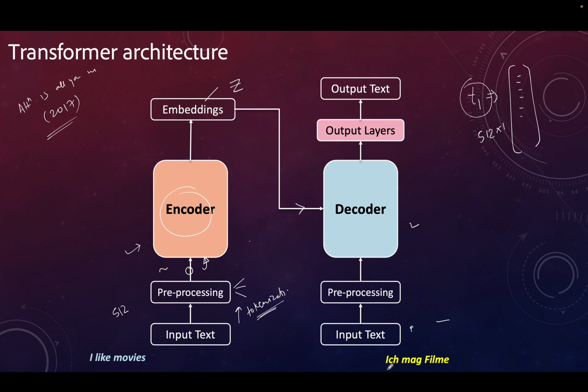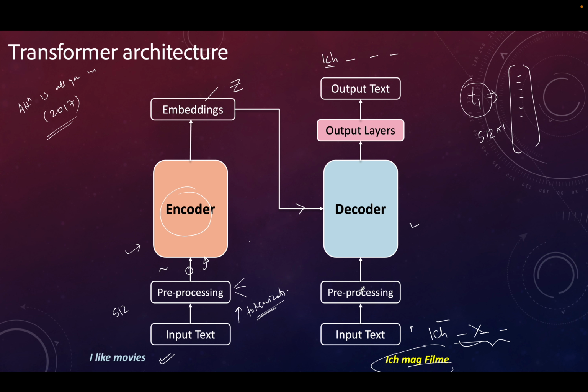Let's say the first output that is generated is "ich", and we are in the process of generating the next words. Then here the input will be just "ich", and all the other words will be masked, because in training we have the entire translated text. So here the input is not the original input, but whatever is generated till now.